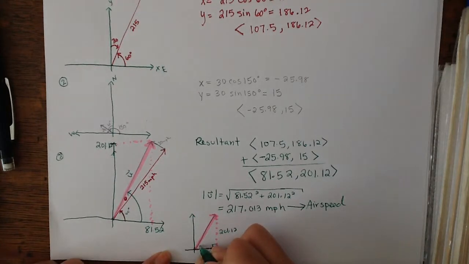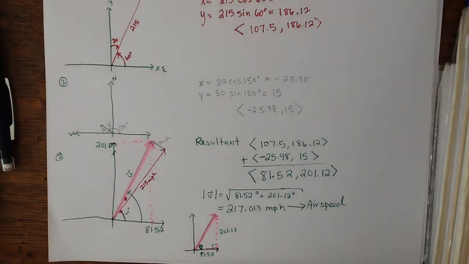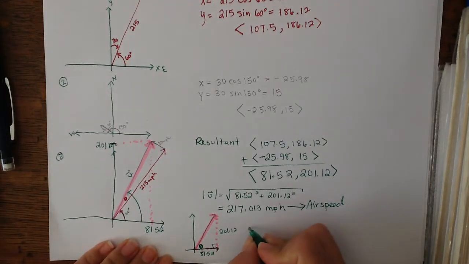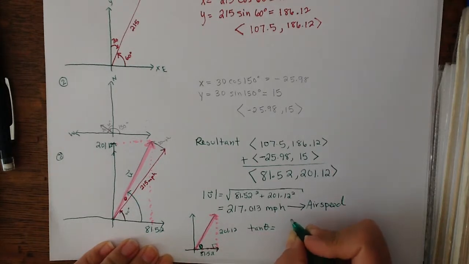Using trigonometry, if I want to find this angle, and I'm going to call this green angle theta, I can use tangent. The tangent of an angle is equal to the opposite side, the vertical component, over the adjacent side, the horizontal component.